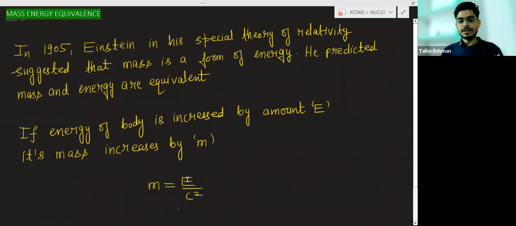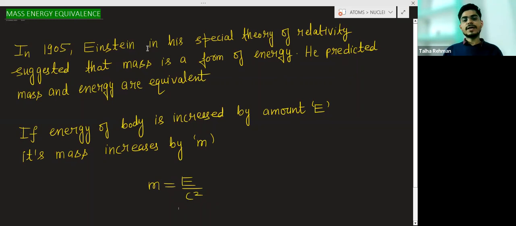And this was the relation he gave: m is equal to E by c square. E is the energy given. c is the speed of light in vacuum, air, or free space.